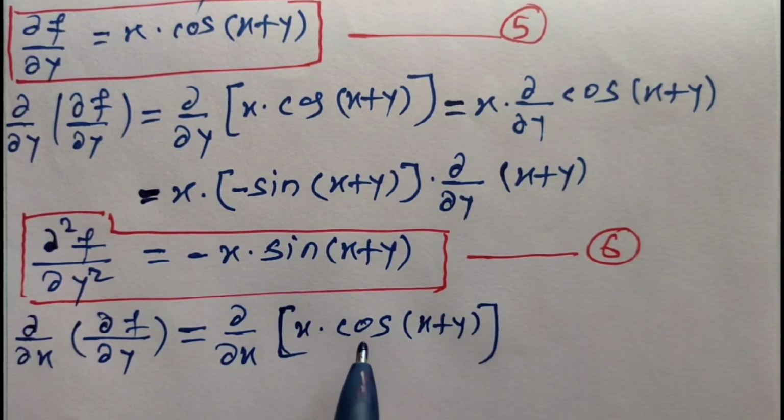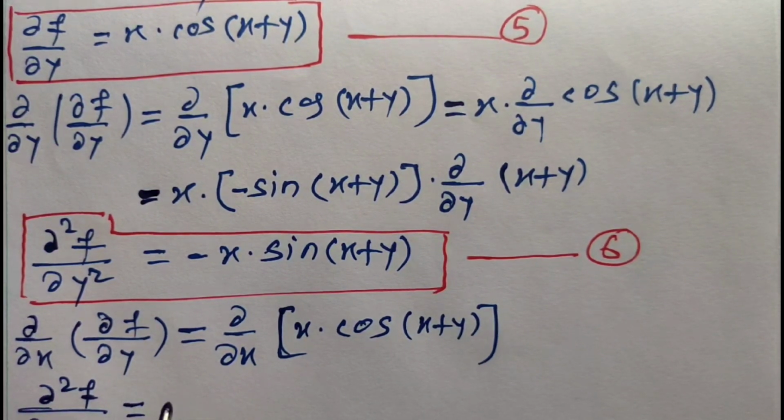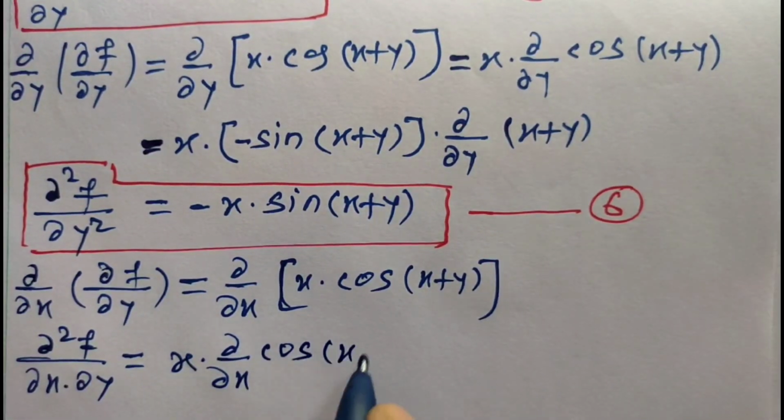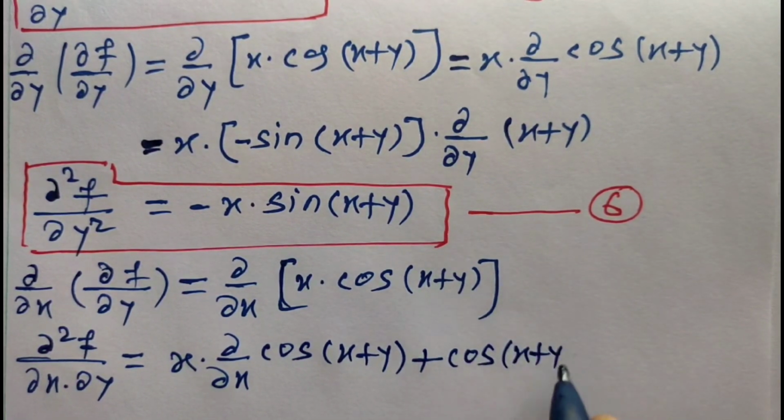In the second function also there is x. Apply the u into v formula here. So the left hand side becomes del 2f by del x del y, and this is equal to: the first function as it is, into the partial derivative with respect to x of cosine of (x plus y), plus the second function as it is, into the partial derivative of the first function x with respect to x.